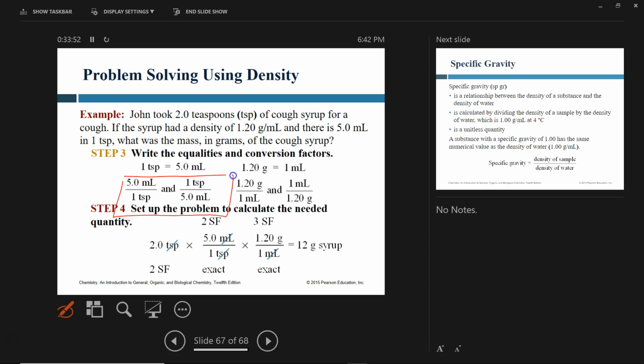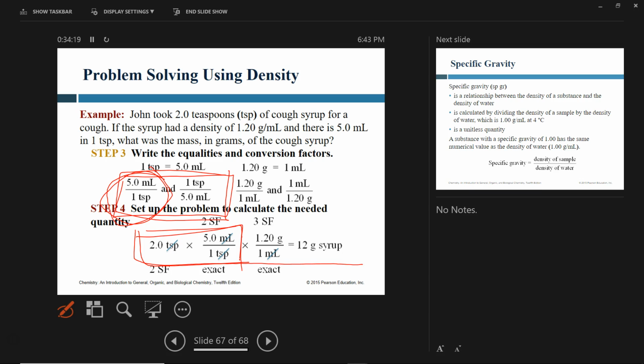This is the conversion factor here. So you see 5 mils in 1 teaspoon. You want teaspoons to cancel each other out, so you need this conversion factor. And that's your first part. 2 teaspoons multiplied by 5 mils per teaspoon. Does that make sense?